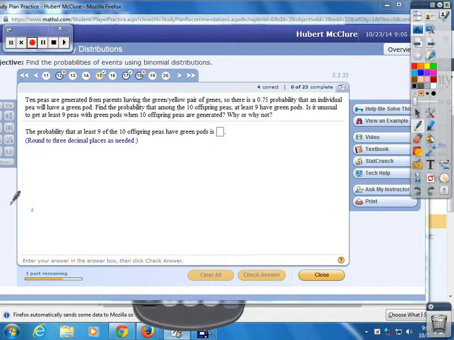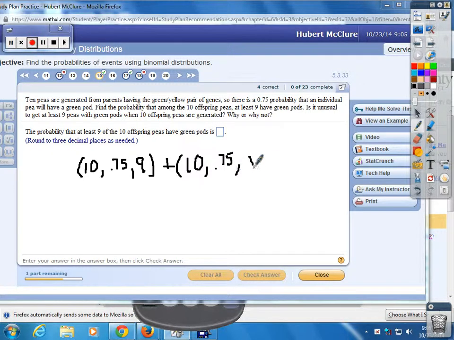So you're going to take nPx, so 9 or 10. P is 0.75 and X is 9, and you're going to add 10.